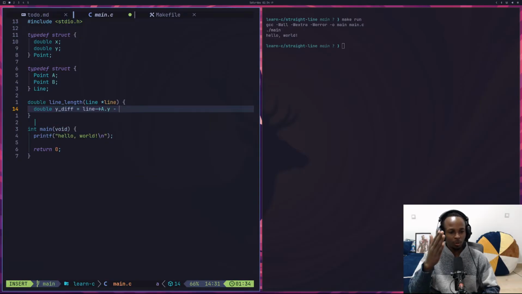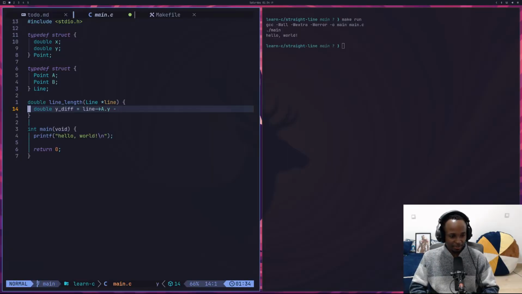So we take the line, and then since it's a pointer, we have to use the arrow. It's just saying, get me the value that this pointer points to, right?